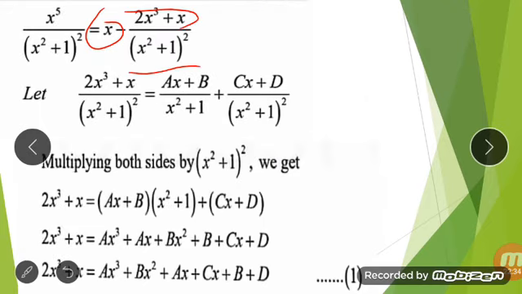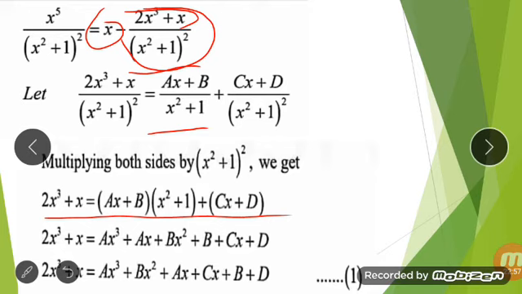Now, as I told you, you are going to ignore x for a while and take this remainder; the partial fractions of this remainder should be found. The same procedure will be used: as this is quadratic, ax plus b, as it is repeated again, so square, cx plus d. We multiply by the LCM and as a result we get this.